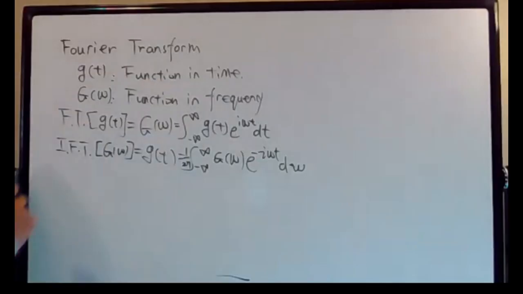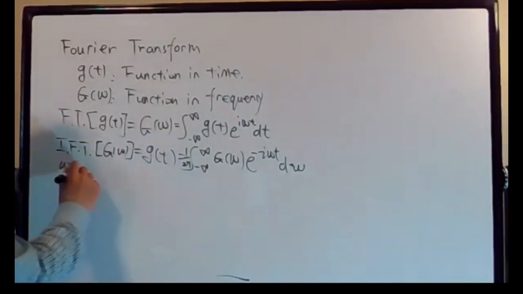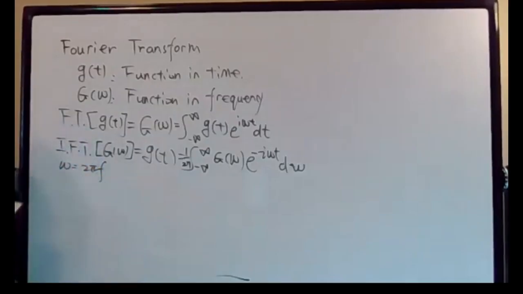So what is omega? Omega is 2 pi f. That's the angular frequency.